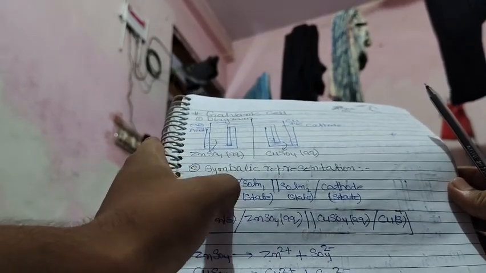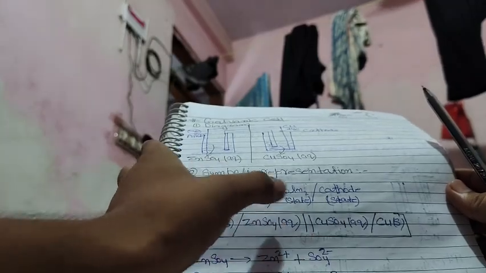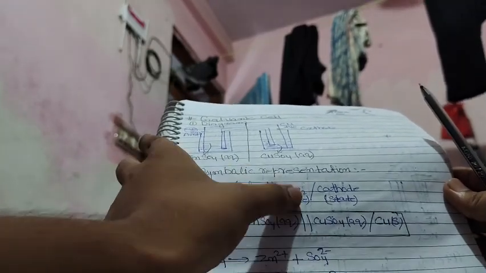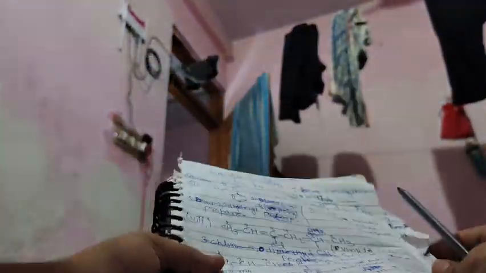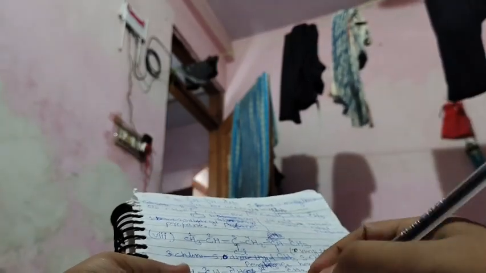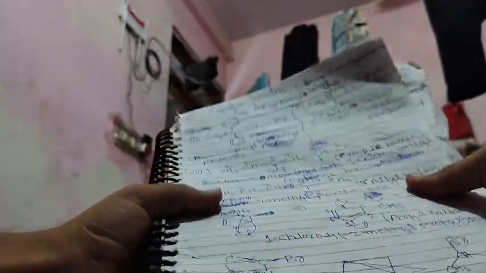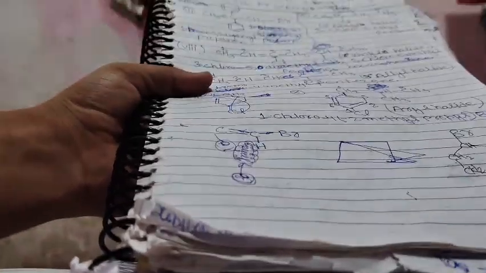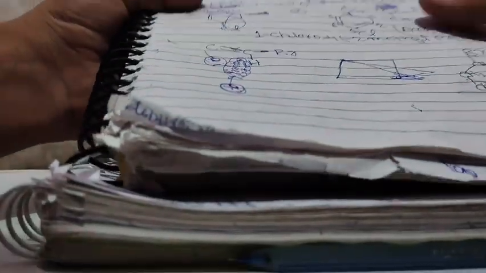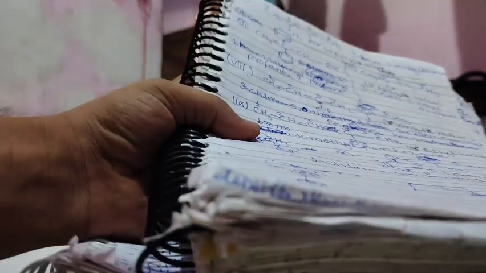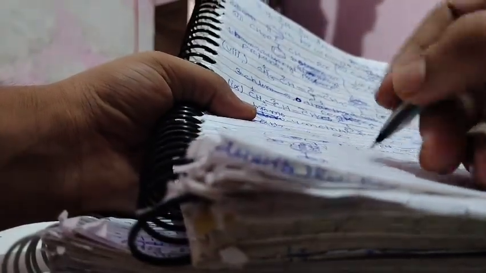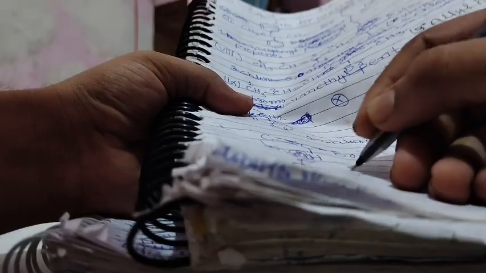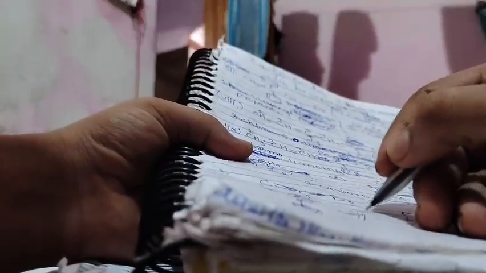And we write down the states: aqueous, solid, liquid. We can write the aqueous state, and even solid and liquid.